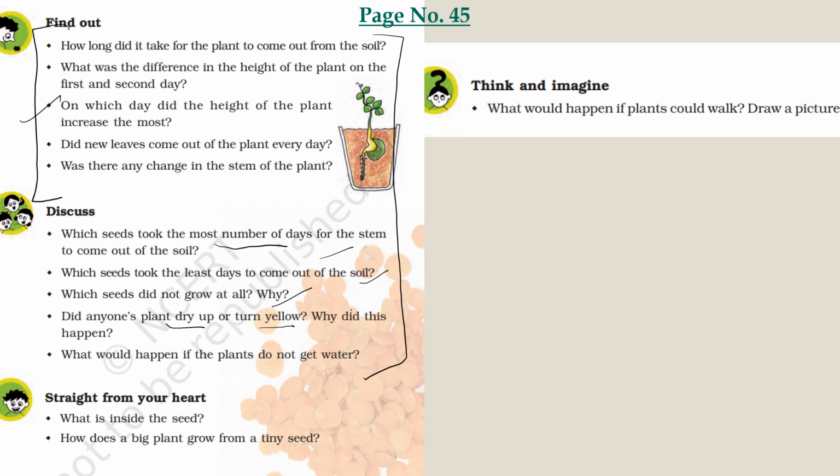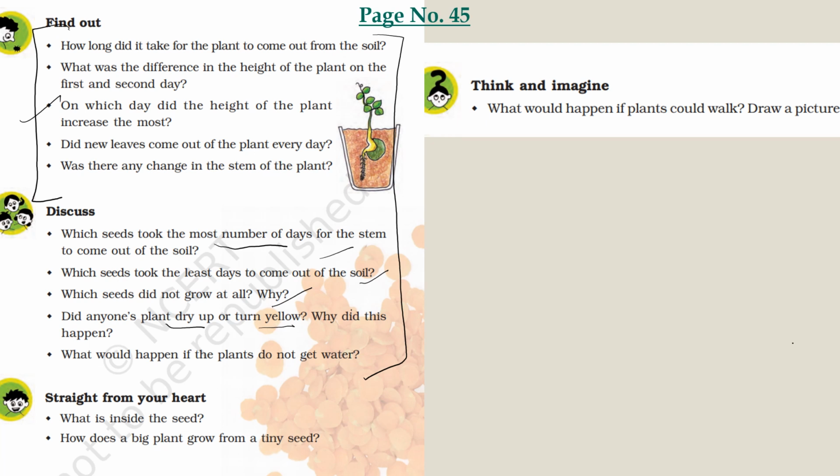So it might have happened if you exposed it to too much sunlight. मतलब आपने उसको बहुत ज़्यादा sunlight में, बहुत ज़्यादा sun direct heat में रख दिया, but it didn't require that much heat or sunlight, पर आपने वहाँ रख दिया, तो वो dry हो जाएगा और yellow हो जाएगा.